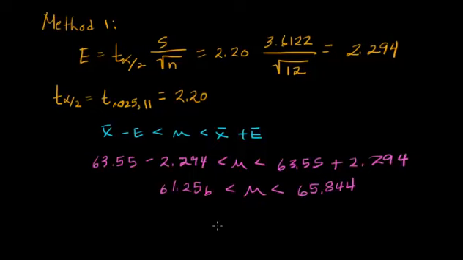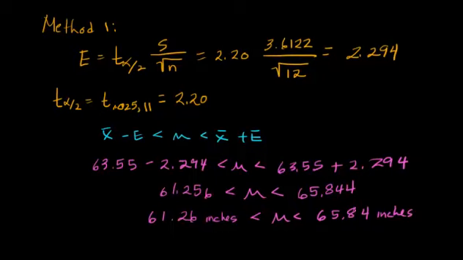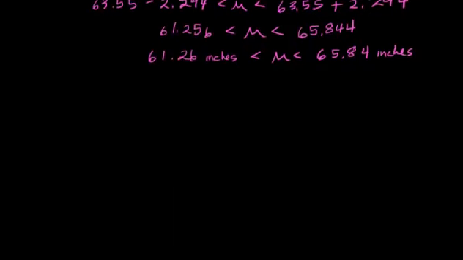Okay, to 2 decimal places, and now with our units, alright, so we've constructed a confidence interval estimate for the mean height of females from 61.26 inches to 65.84 inches. That was method number 1. Okay, method 2.